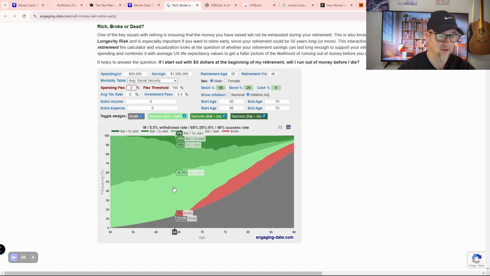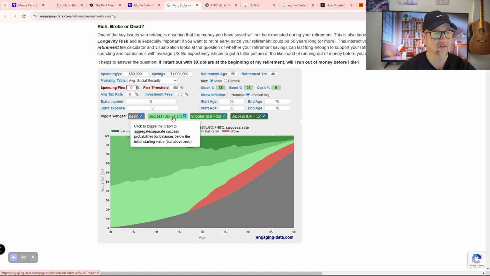This is balance start, and we can uncheck or recheck these. So this is a graph to aggregate separate success probabilities for balances below the initial starting value but above 0. And then this one's showing above 2x, and then this one's 5x.